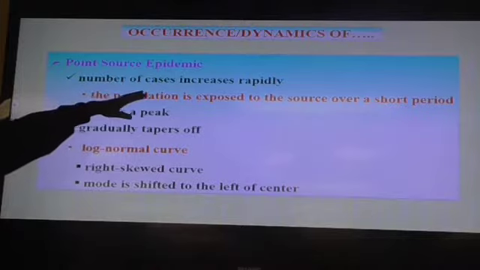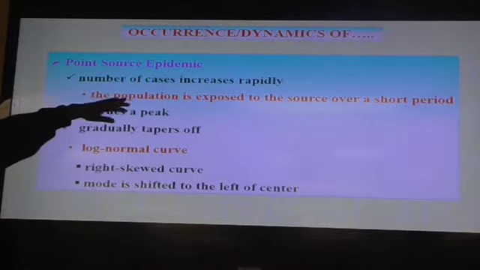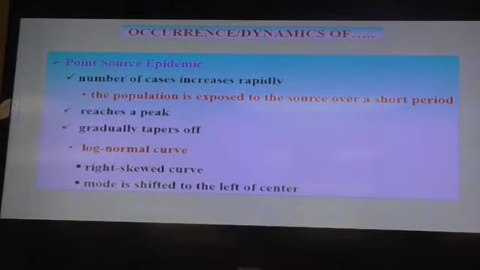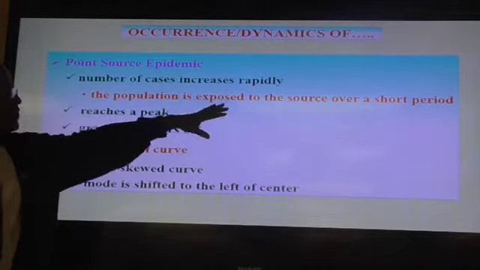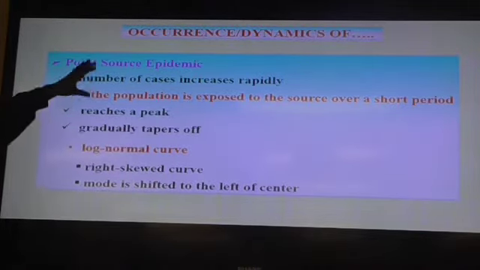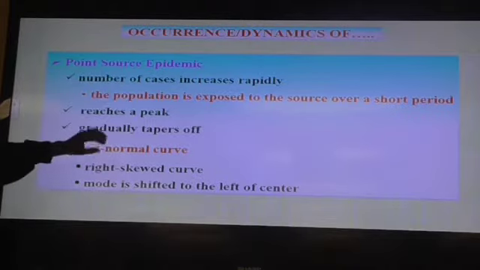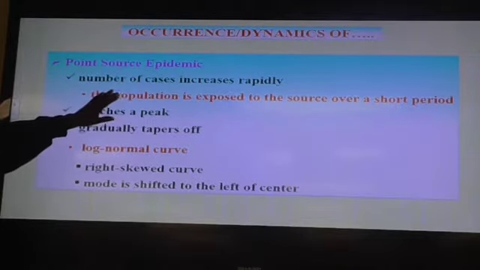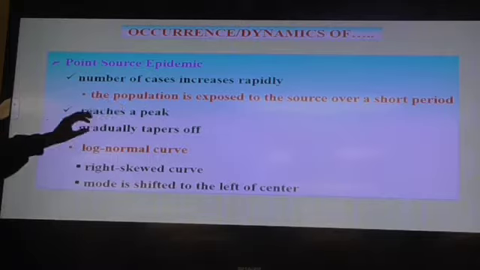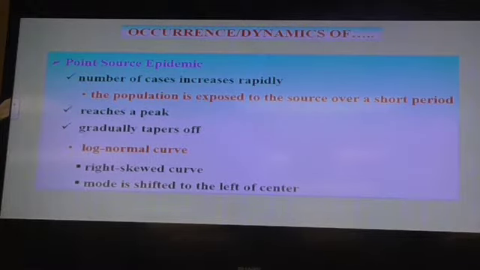Number of cases increases rapidly because the population is exposed to the source over a short period of time. So that is most of the time what you see in foodborne epidemics, in the church or in the schoolyard. The population is exposed over a short period, so the number increases very rapidly, then reaches a peak where everybody gets the disease, then it gradually tapers off.